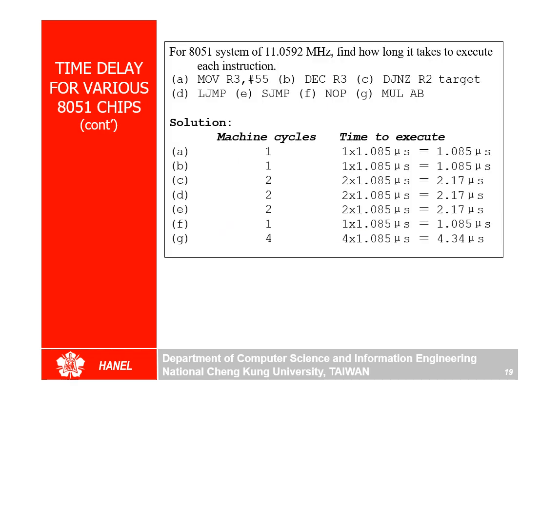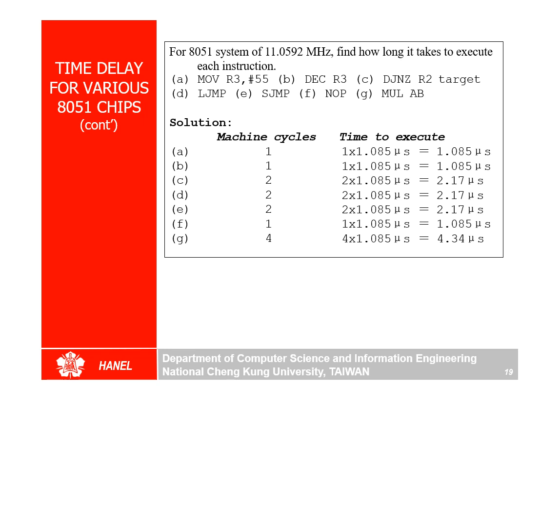Now we calculated the machine cycle period, 1.085 microsecond. For example, in the exam, suppose you get a question: MOV R3, #55, how much time will it take to execute? For that, you should know how many machine cycles are required. It will be given. How many machine cycles for this one? 1.